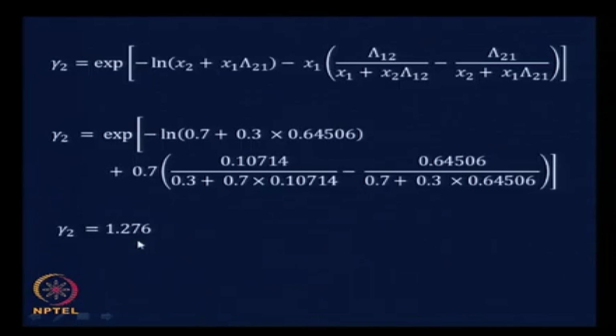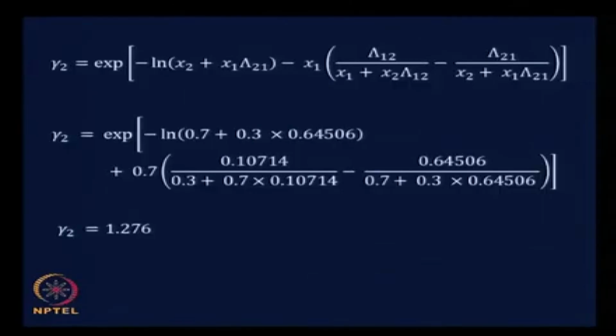Of course, different models would give different gamma values, and to get better and better estimates, better and better models were developed, and some of the model names we saw in the earlier part of this subsection itself.